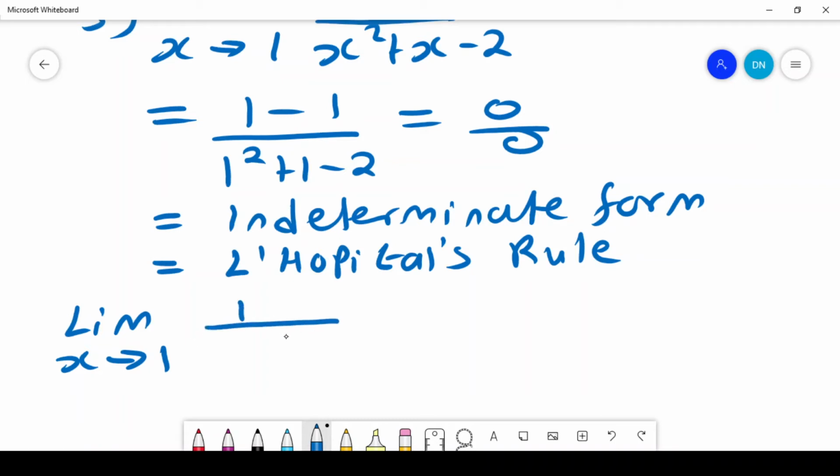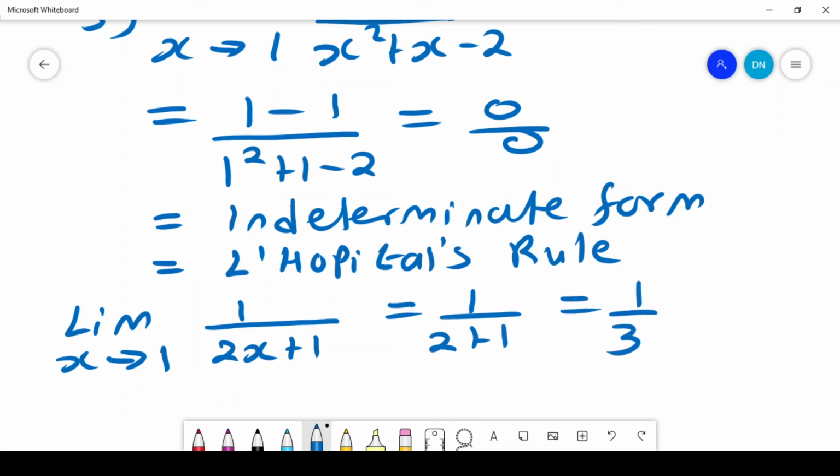And when I differentiate the lower part, it will give me 2x plus 1. When I replace x with 1, it will be 1 over 2 plus 1, which is a third. So that's how I would approach a problem when I get the indeterminate form.